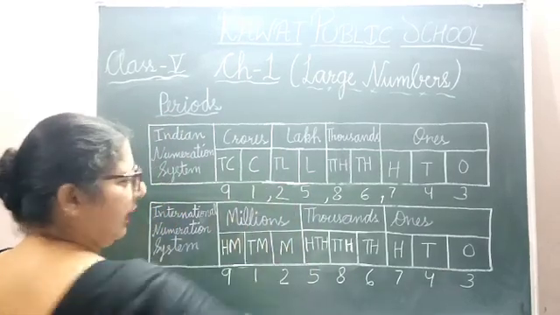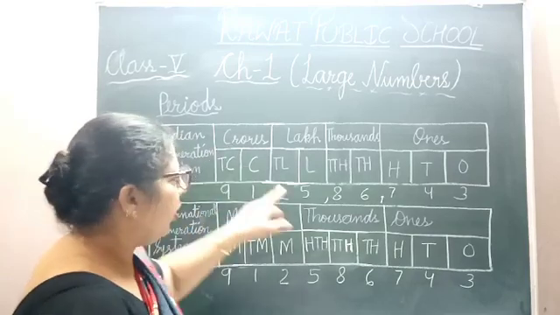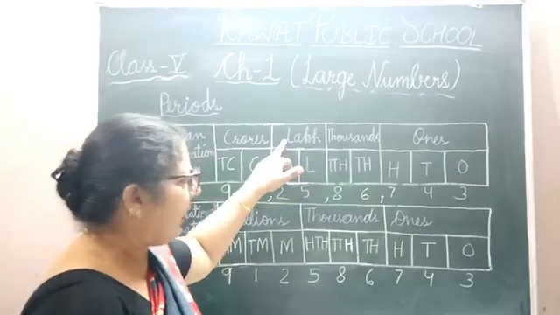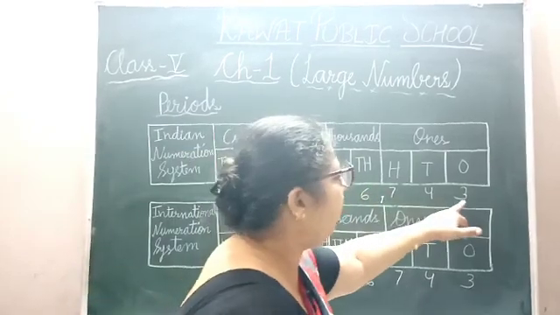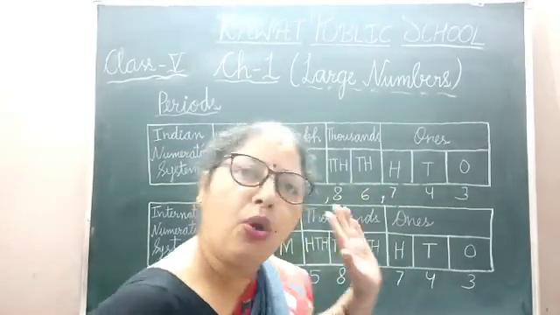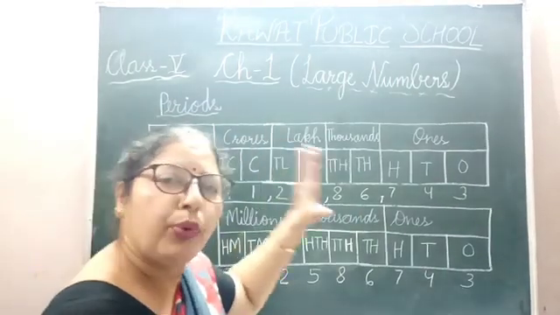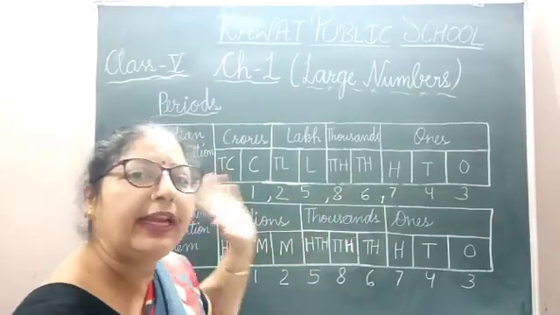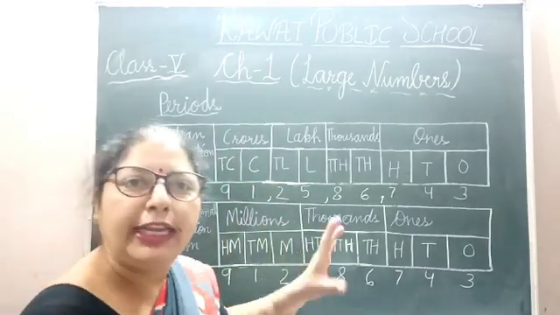Then crore, 10 crore. So we read 91 crore, 25 lakh, 86,000, 743. When we divide the numbers according to position, it is very easy to read. So what is the place value of each digit?